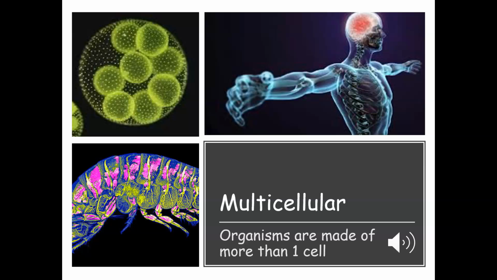And on the upper left, you're thinking, wait, that looks like a unicellular organism from what you showed us before. But actually, it's a colony of organisms. It's Volvox, a multicellular group of organisms together. So multicellular means more than one cell, and we are definitely multicellular.